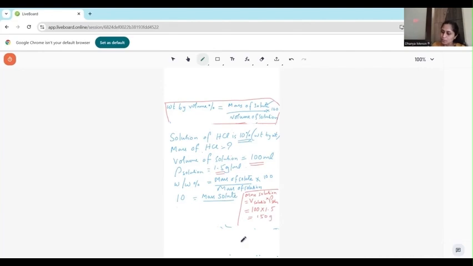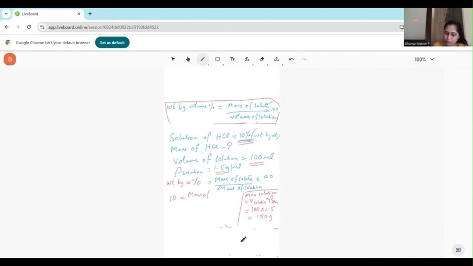So 150 grams is the mass of the solution. So, the weight by weight percentage is given in the question, 10, right? The mass of the solute you need to find out.